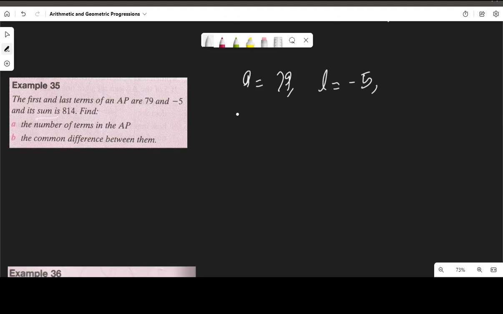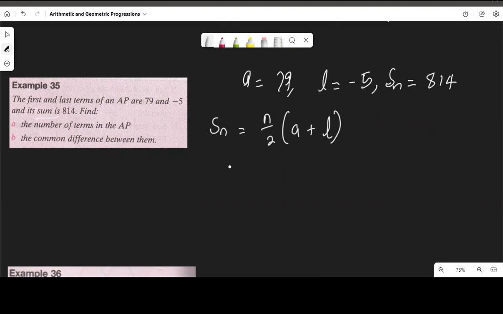Then the sum of the terms of the sequence, Sn, is 814. For a sequence whose last term is given, the sum of the terms is given by n over 2 times a plus l, where l is the last term of the sequence.